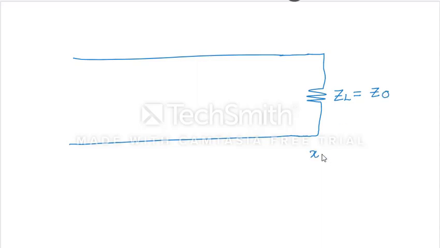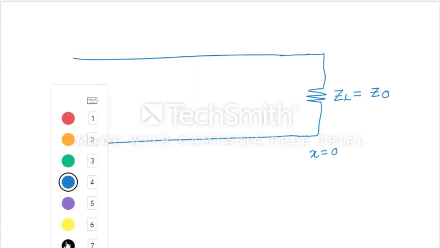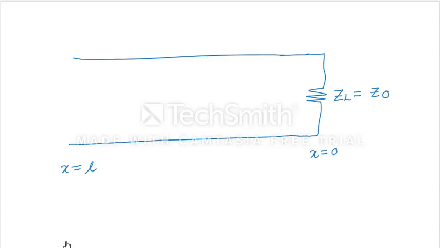Here this is x equal to 0, and here this is x equal to L. Now what is the impedance at this location? Z naught only, and at any other location it is Z naught only.